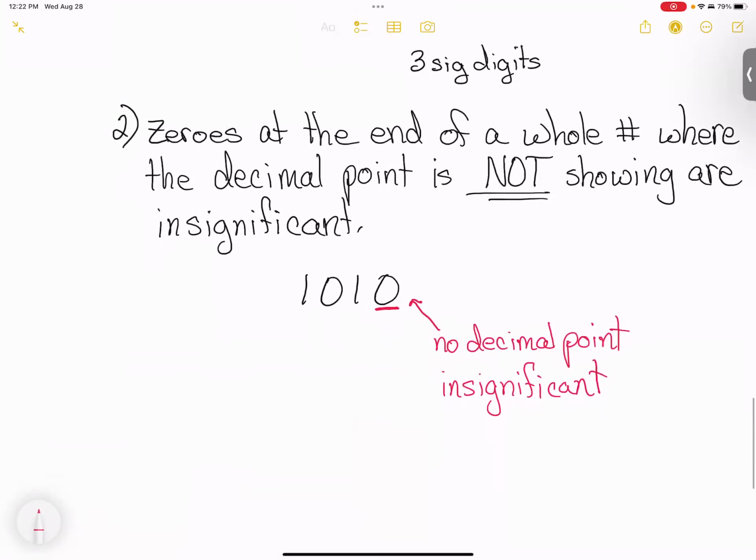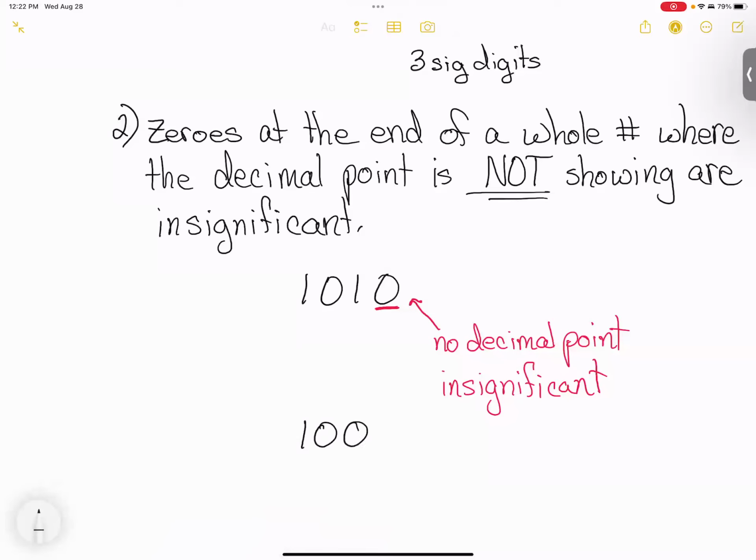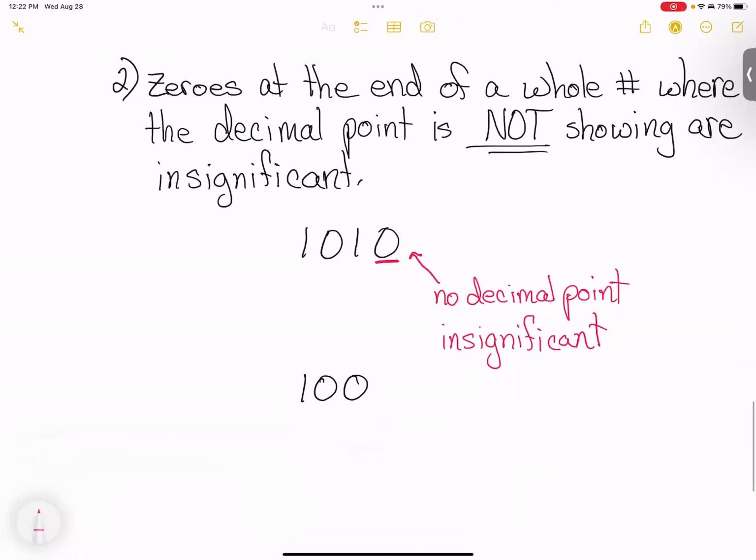Or if I have the number 100, in this particular case, again, zeros at the end of a whole number. In other words, what I mean by at the end of a whole number is they occur after a non-zero digit.